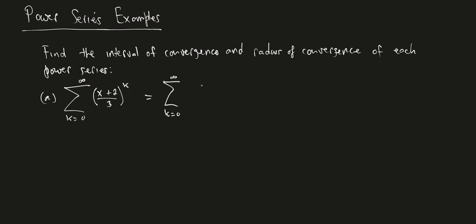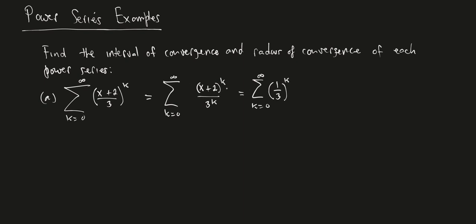So I can write this as x plus 2 to the k over 3 to the k. The part that doesn't have the variable x, those are going to be our coefficients. So I can write that as 1/3 to the kth power.